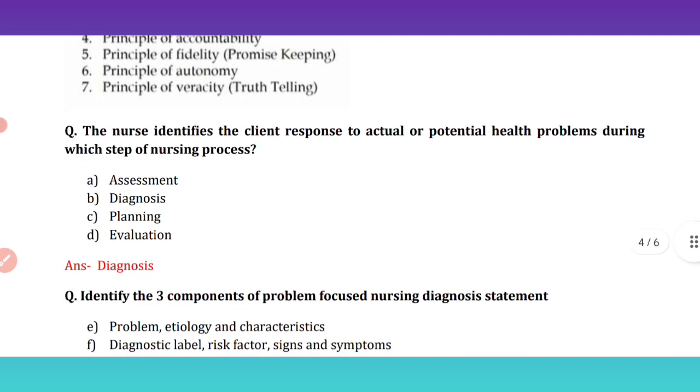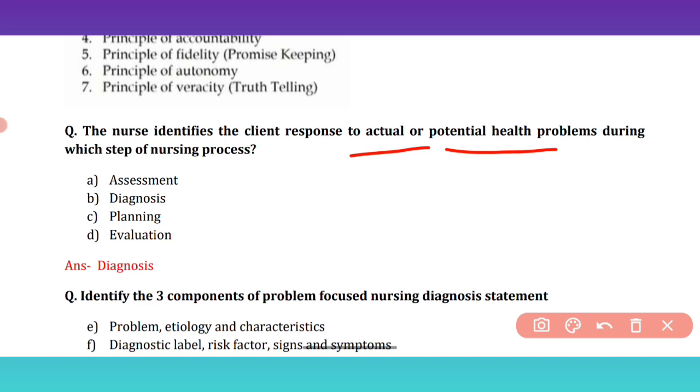The next one is, the nurse identifies the client's response to actual and potential health problems during which step of the nursing process. Very, very important question. Many times they have asked this question in the examination. The keyword here is actual and potential health problems.